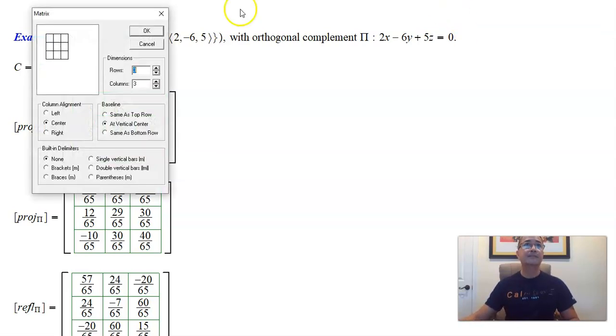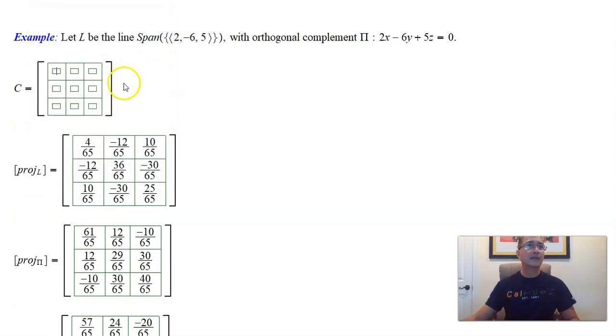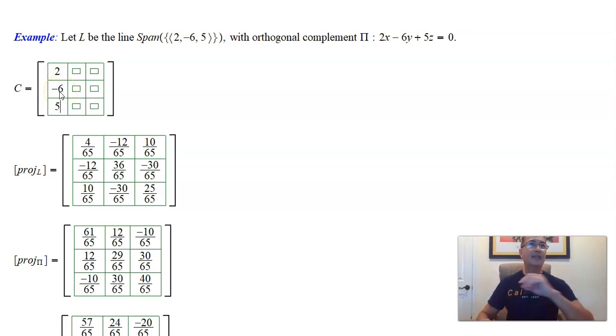Let's just put that single vector in a column. It's an eigenvector, whether the eigenvalue is 1 or 0, it doesn't matter. Now I need a basis for pi.